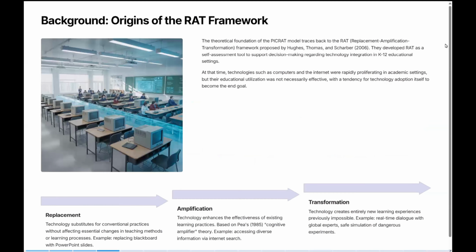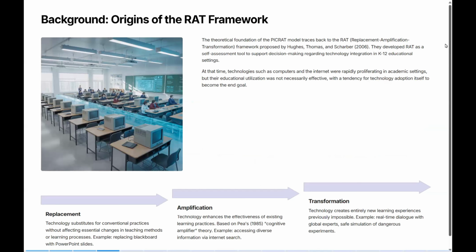First, let me explain the original framework. The SAMR framework was created in 2006. SAMR stands for replacement, amplification, and transformation. Replacement: technology replaces old tools, for example, using PowerPoint instead of the blackboard.